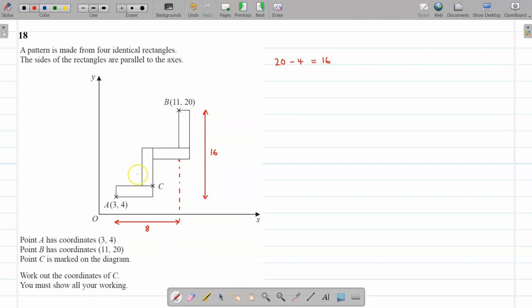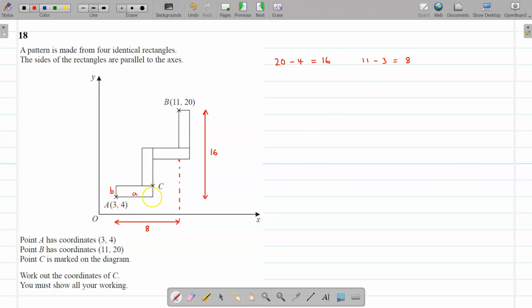Okay, so if I just call these lengths A and B, so that's going to be A, the length of a rectangle, and the height of the rectangle I'm going to call B. I'm also going to show that I got my 8 from doing 11 take away 3 is 8. So what have I got going across?